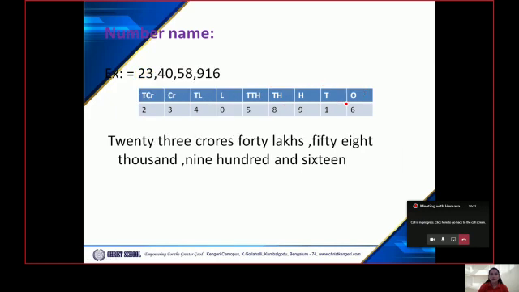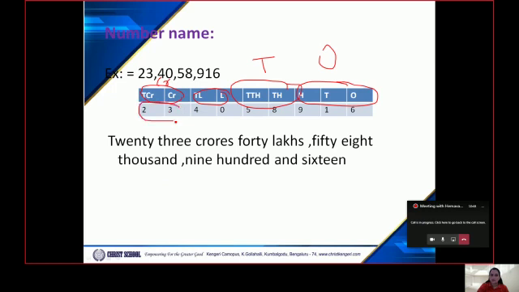Let us look at one more example, which is in the Indian number system. See the periods first. You decide the periods first and mark them. This is the ones period, this is the thousands period, this is the lakh period, and this is the crore period. In the crores period, together we read the number. Since we have 2 in the 10 crore place, 2 into 10 is 20, 3 into 1 is 3, 20 plus 3 is 23.